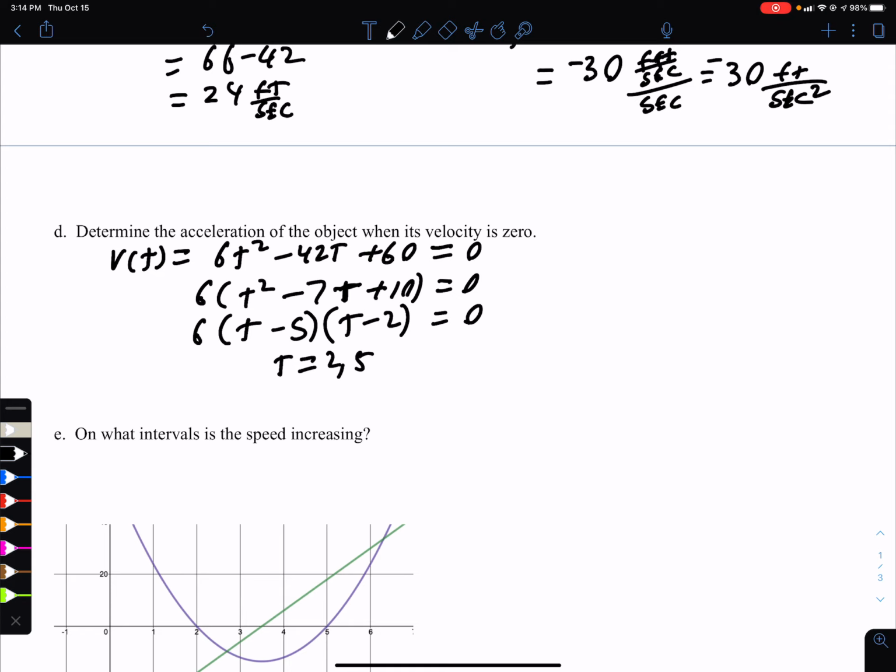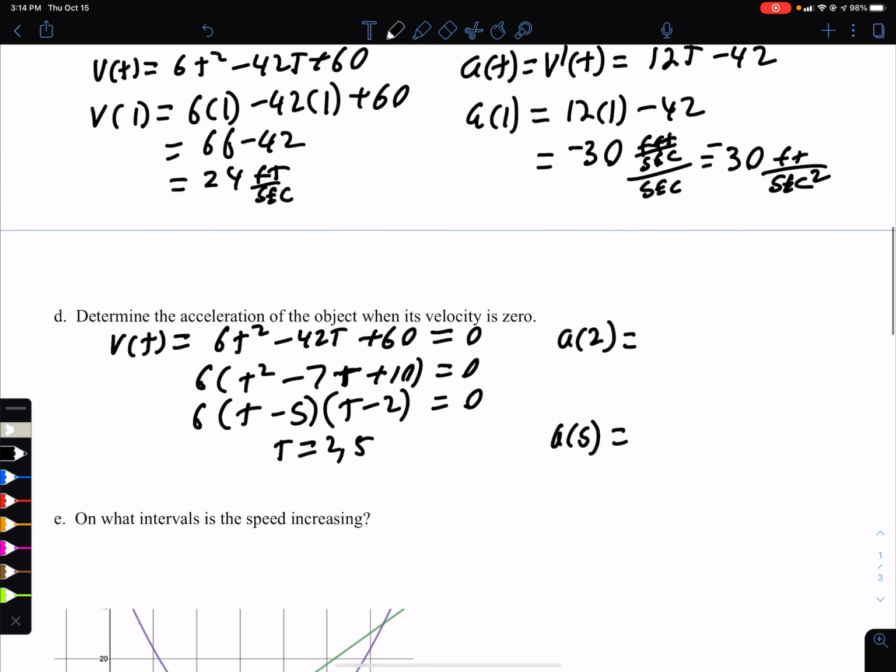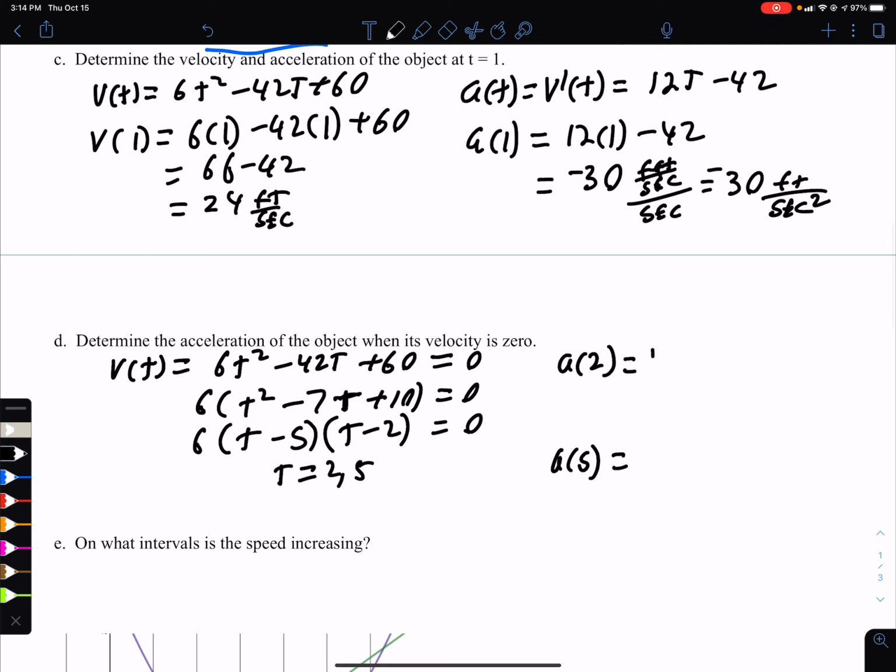They want the acceleration at that time. So I do a of 2 and a of 5. I plug that into my acceleration function, which I have above. That's 24 minus 42. And I have to do math. 6, 8, 18. And we know the units are feet per second squared.